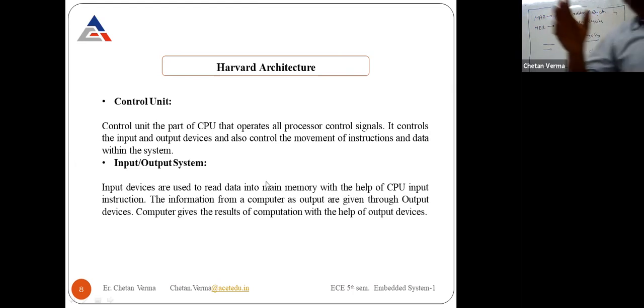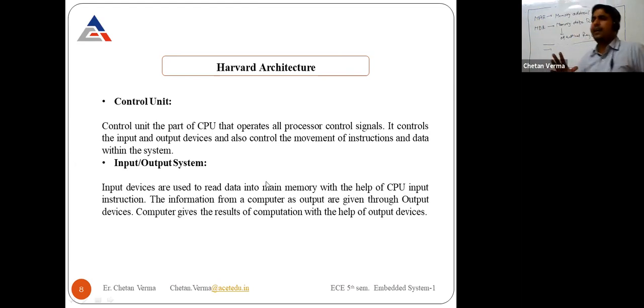So that is a brief introduction to the von Neumann architecture and the Harvard architecture. I have explained with the block diagram the von Neumann architecture and the Harvard architecture, briefing the basic components and how to differentiate between the von Neumann and the Harvard architecture.